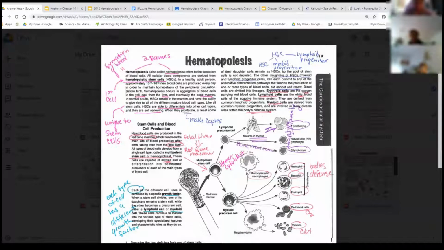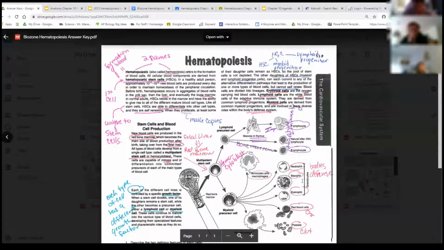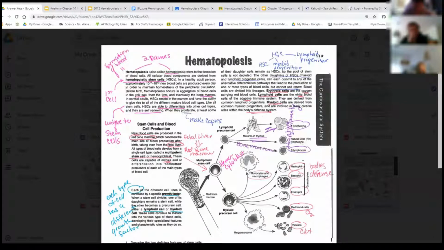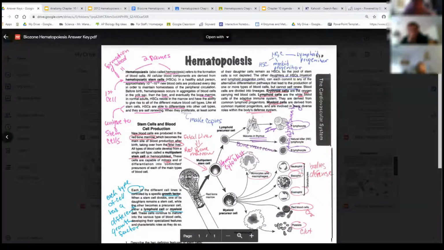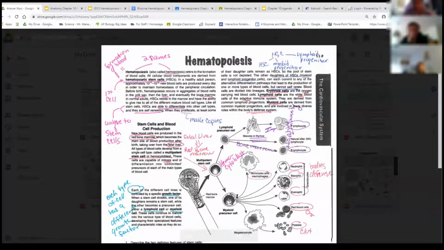It was interesting that each cell type has a different growth factor, which makes sense because your DNA codes for these proteins or genes. The cells are made according to what genes are expressed, so it makes sense that each has its own growth factor initiating it. I identified the different cells and their functions as I went, and I tried to make sense of the picture as I went.